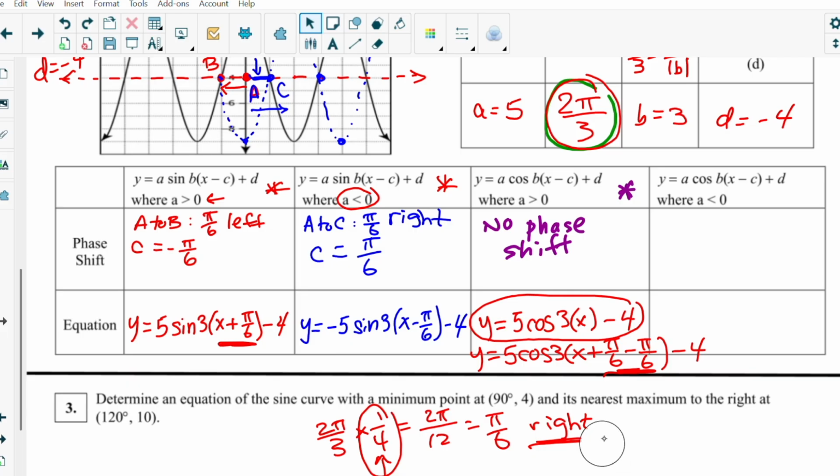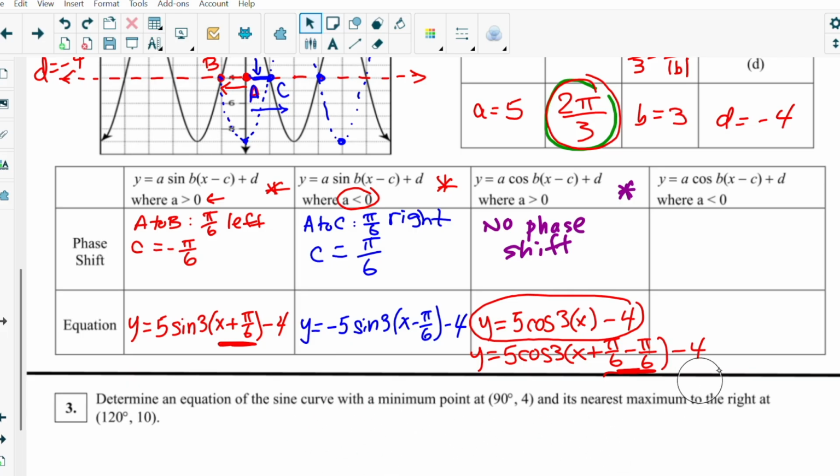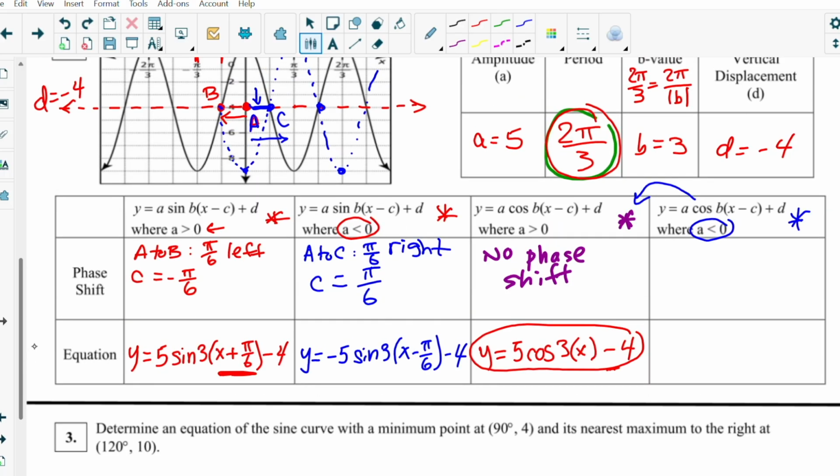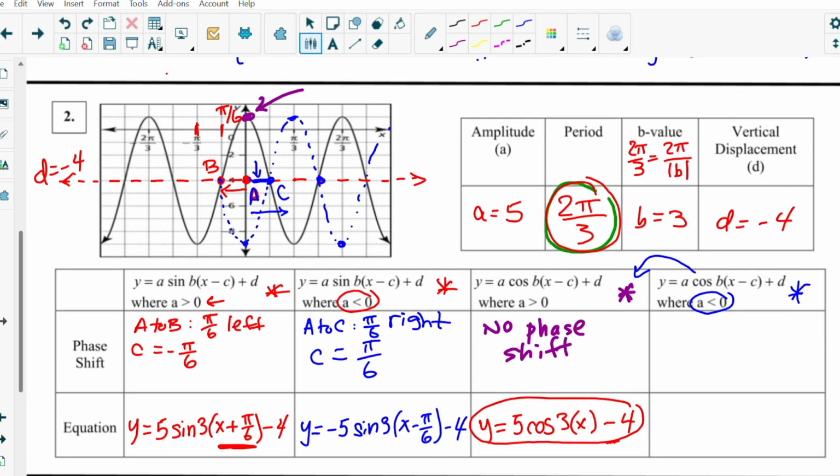All right, let me do the last one this time, the reflection. This one right here, where now I have a reflection of this cosine function. What phase shift do I need?